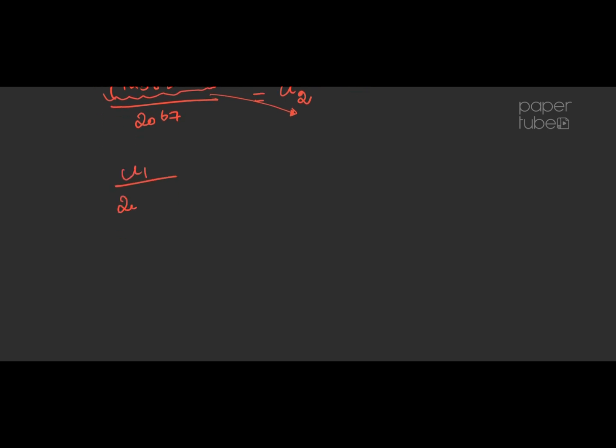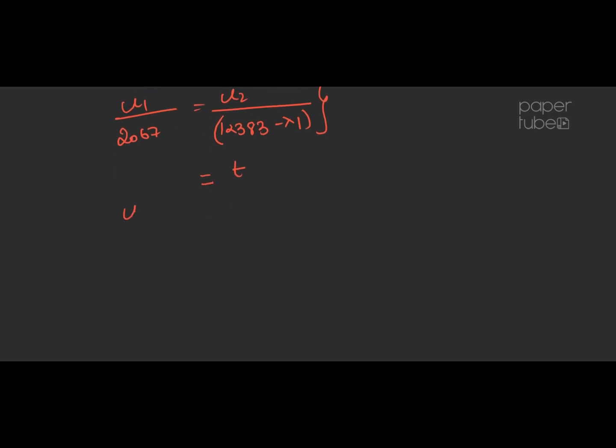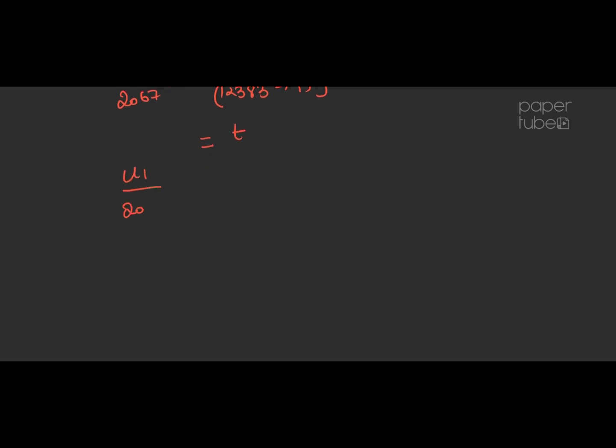So u1 by 2067 should be equal to u2 by 12383 minus lambda 1. I'm going to call the whole term on the right hand side t, which means u1 by 2067 becomes just t.